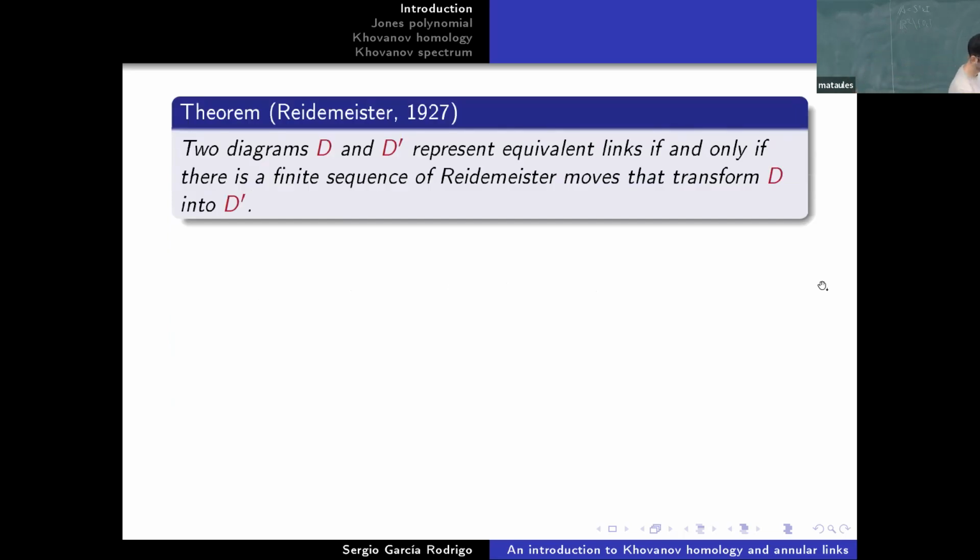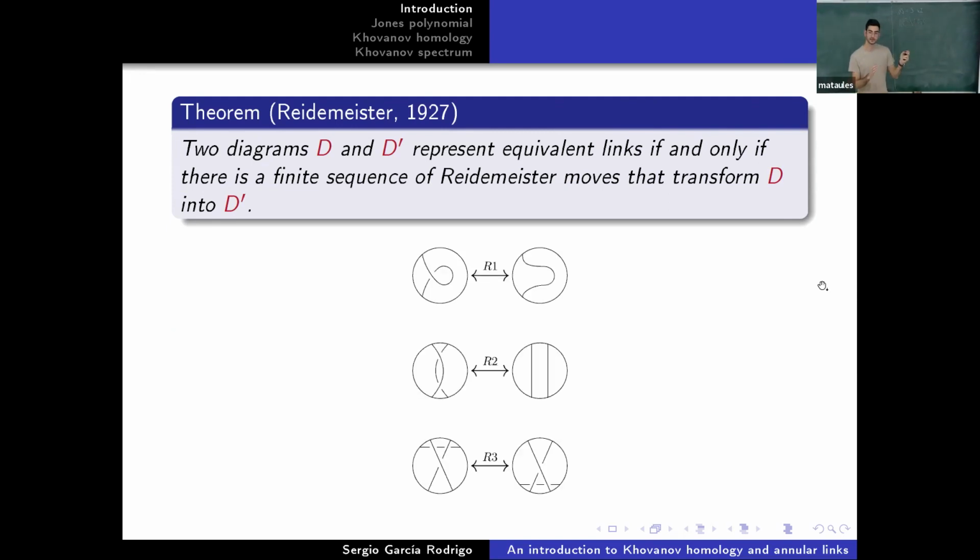And this is a very important theorem. It's one of the classical results, which tells us that we can actually work with diagrams and forget a bit about the knots. So we don't have to work in R3, but we can just work on the plane. And two diagrams are equivalent if we have a sequence of moves that transform one diagram into another.